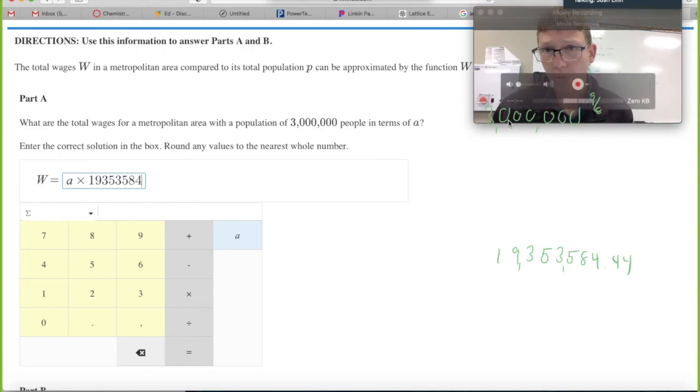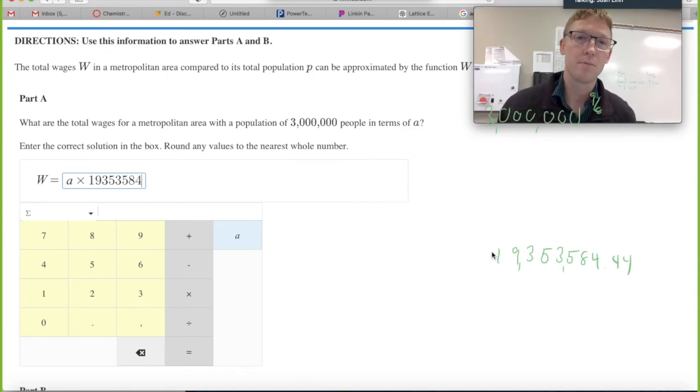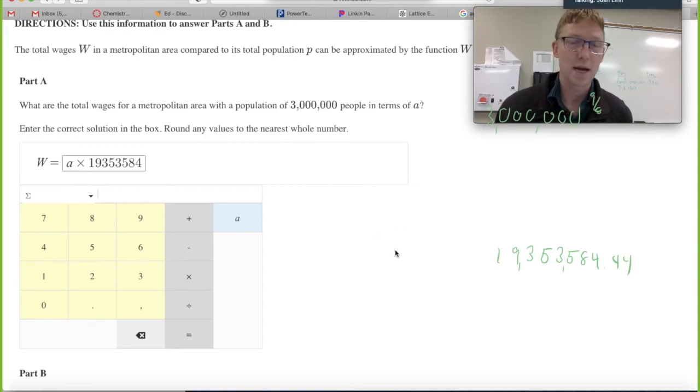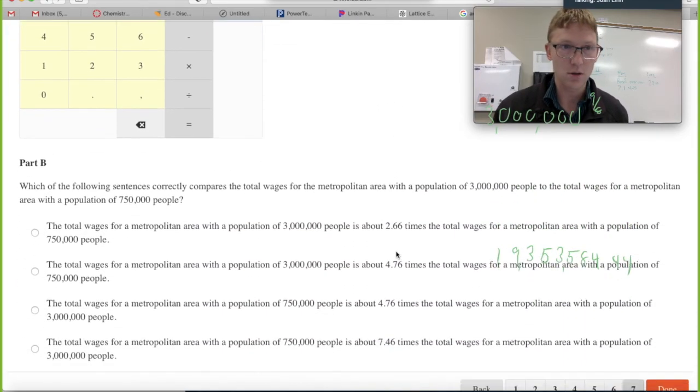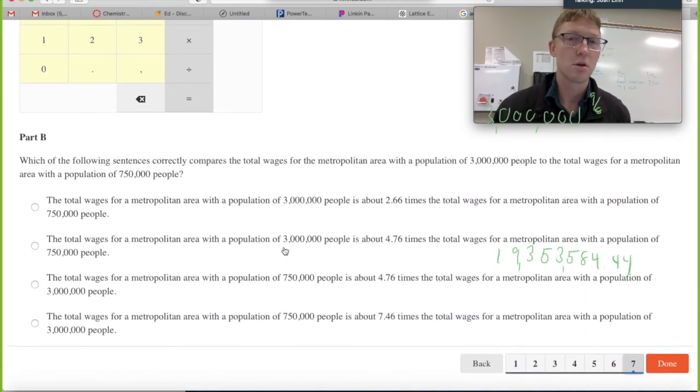So, a fun, quick way to check yourself: if your exponent is greater than 1, then your number is going to get bigger, like ours did. If your exponent is less than 1, or some fraction that is less than 1, it's going to get smaller. So that's just one way to continue to check yourself, to make sure that you're entering it into your calculator correctly.